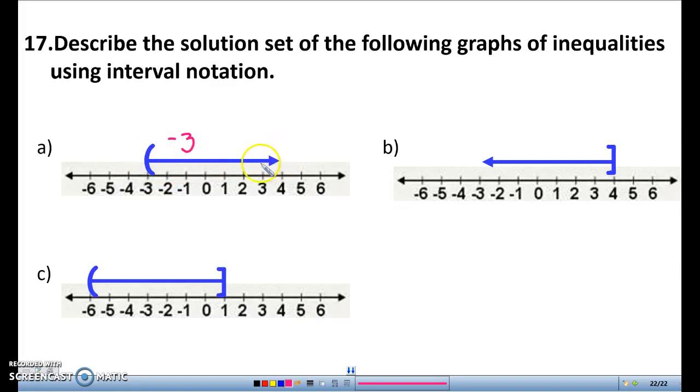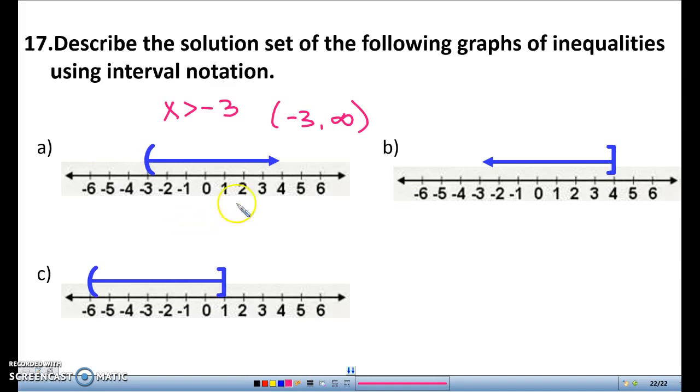Since the arrow gets bigger than -3, this is x is greater than -3. Now, how do you write that in interval notation? Yeah, you've got a parenthesis here. My smallest number, if I'm going left to right, is -3, comma, then I get to the arrowhead, which means positive infinity, comma.